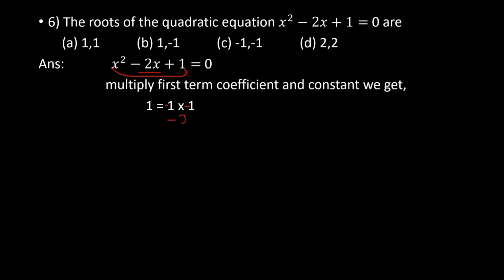Then we can't say minus 1 is the answer, because we need to take the opposite of that. The reverse of that sign: minus is there, so reverse it to plus. So plus 1 is the correct answer, because you have a minus, you need to take that as a plus. Then the answer becomes correct.